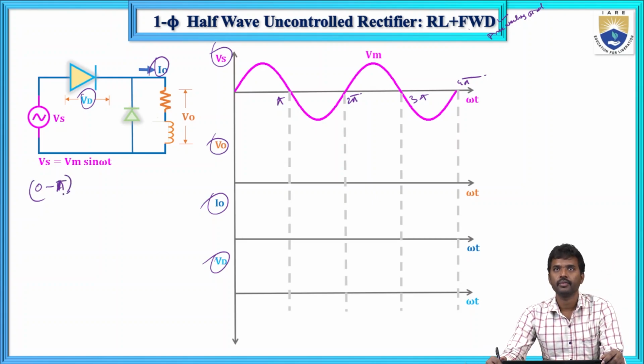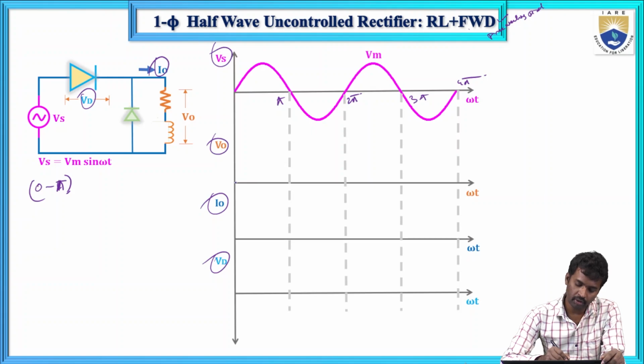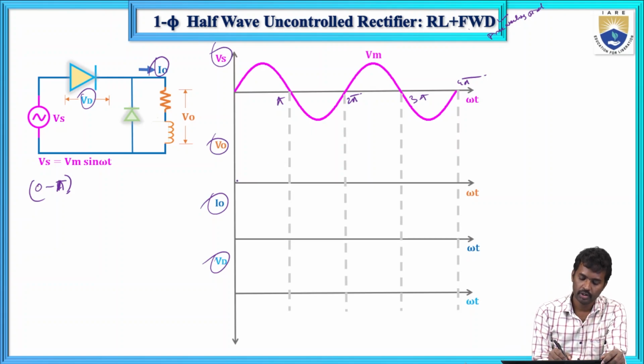So now first I am applying from 0 to pi. 0 to pi, so what will happen? It will follow the supply voltage. So the output voltage follows the supply. In this case 0 to pi, the freewheeling diode FWD is in reverse bias.